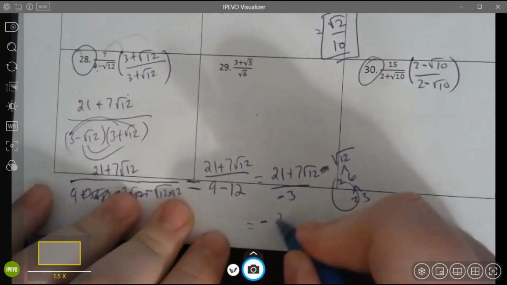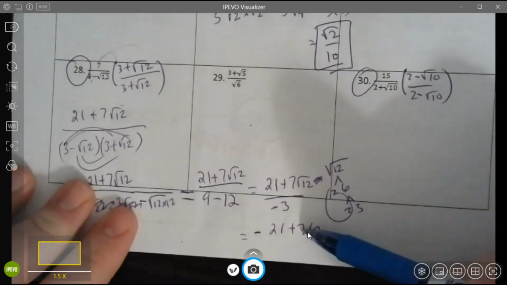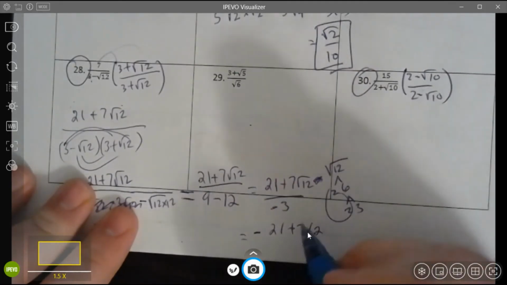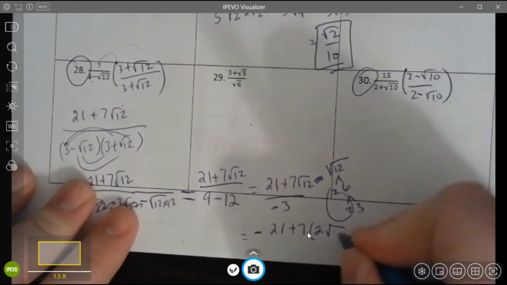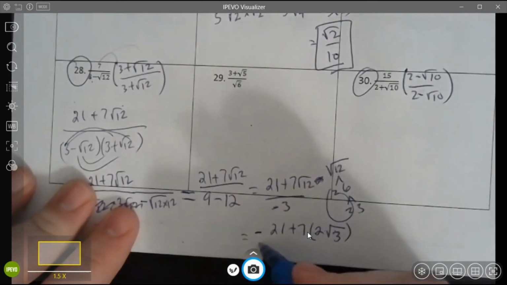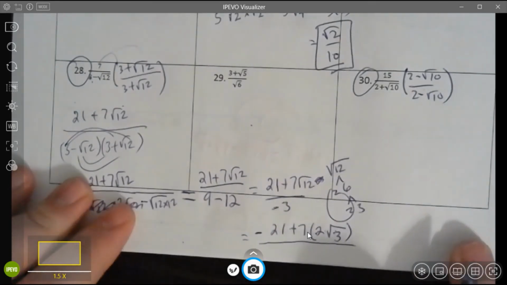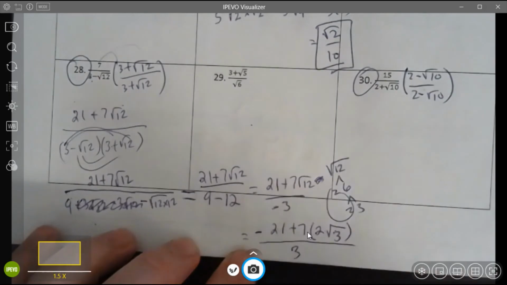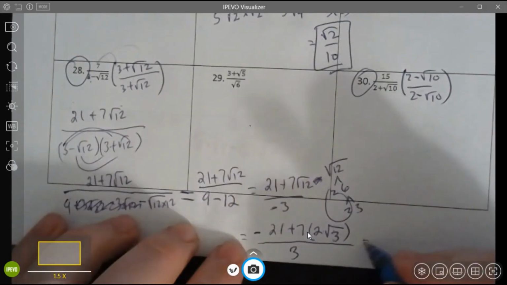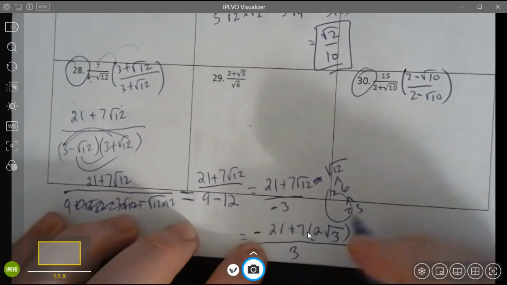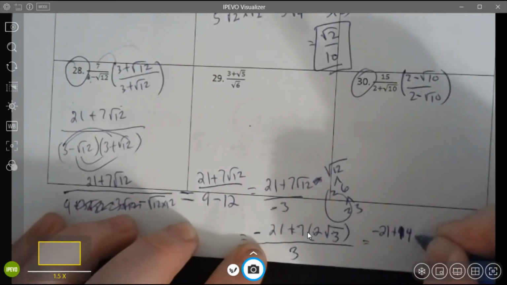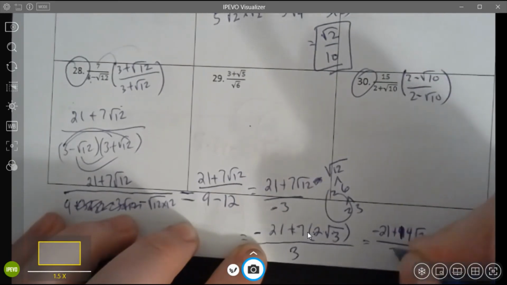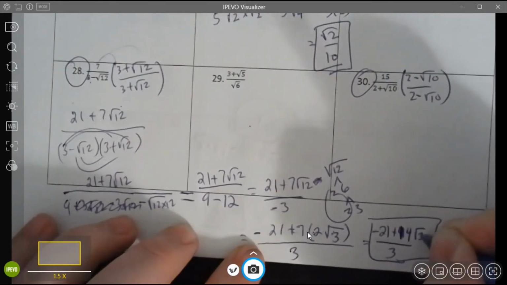Negative 21 plus 7 times 2 square root of 3, and on the bottom I have 3. Cleaning this up a little more, 7 times 2 is 14. So negative 21 plus 14 square root of 3 over 3. And that will be my answer for that one.